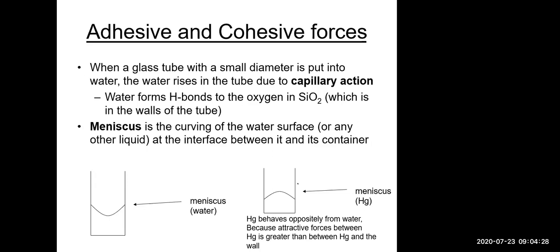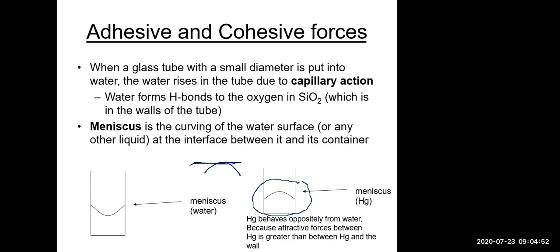Also why, if you ever have seen mercury in a tube, it actually does an inverse meniscus, where you read from the top. And the reason for that is the opposite is actually true in that case. The cohesive forces, the forces of attraction between mercury and itself, are greater than the attractive force between mercury and the glass tube.